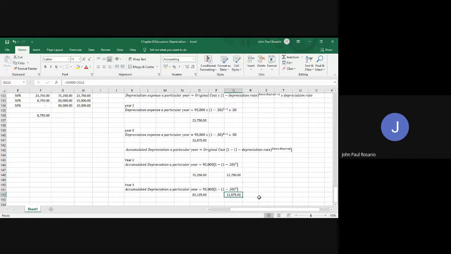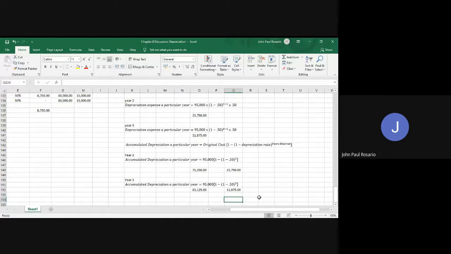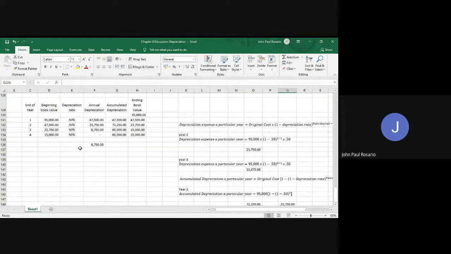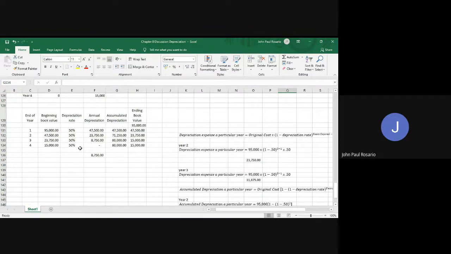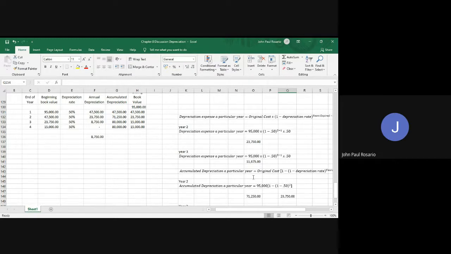Your accumulated depreciation should be equal to your total depreciable amount. Even if it's not considered here, because we're not using our salvage value, always remember that whatever depreciation method you use, your salvage value should be considered when it comes to your carrying amount or your book value.